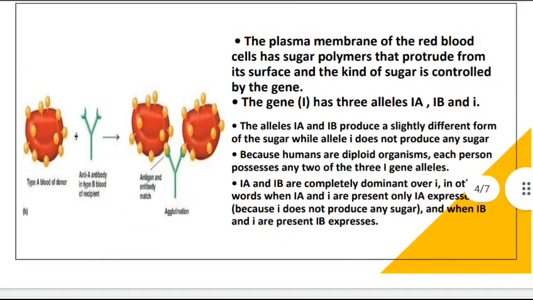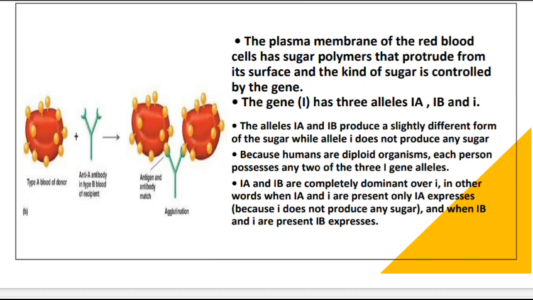The plasma membrane of red blood cells has sugar polymers that protrude from its surface, and the kind of sugar is controlled by the gene. This is nothing but the antigen. Here you can see the picture. The antigens are present on the plasma membrane of RBC, and the picture shows antigen-antibody interaction.